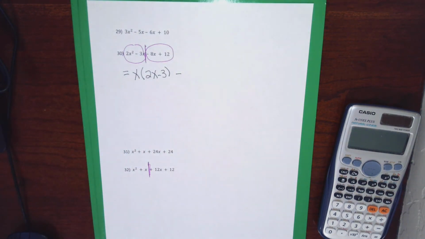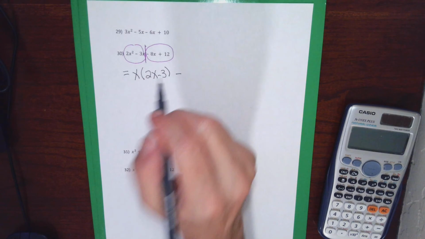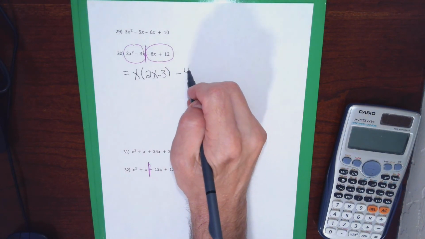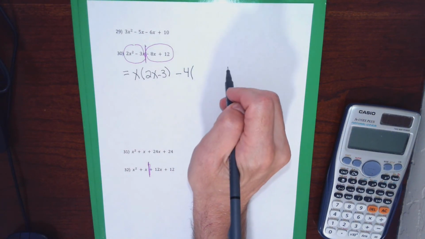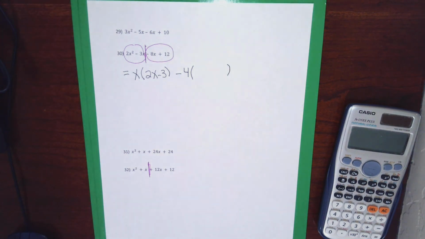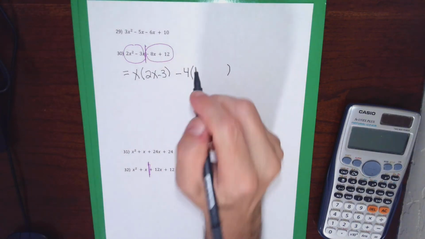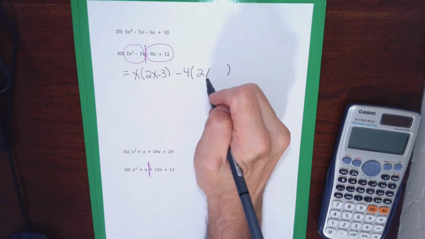I'm not going to factor out an x because the 12 in the second half doesn't have an x. But between the 8 and the 12, 4 goes into each, and it's the biggest number that goes into each. So I'm going to put a minus 4 in front of my parentheses from the second half. I'm going to switch the signs and divide by 4 and be left with another 2x minus 3.